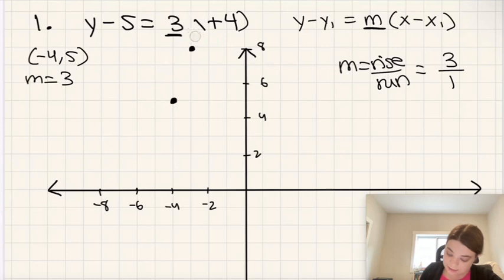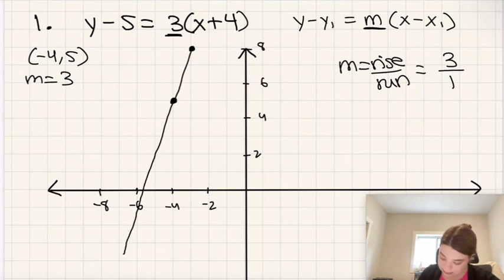And now that we have 2 points, the nice thing about linear functions is that that is enough points that we can accurately represent what the graph will look like pretty easily. And so I'm just going to draw a nice line between my points. And there we go. Excellent.